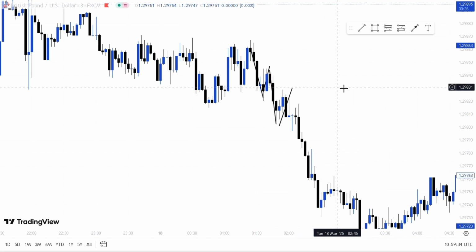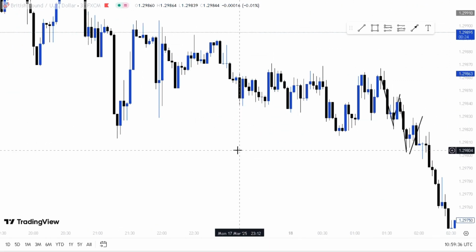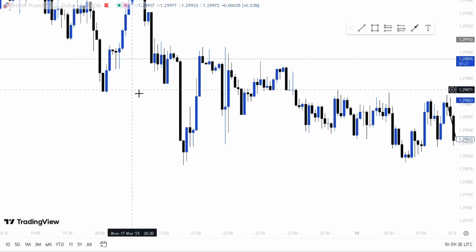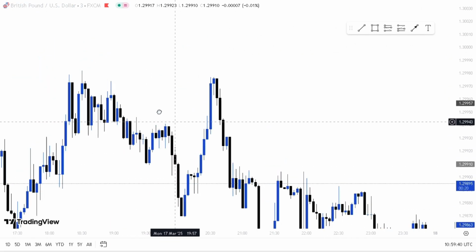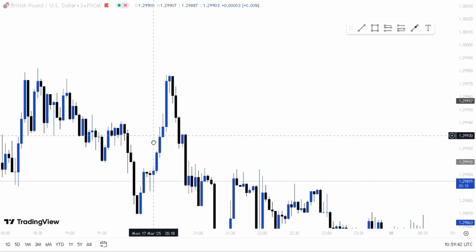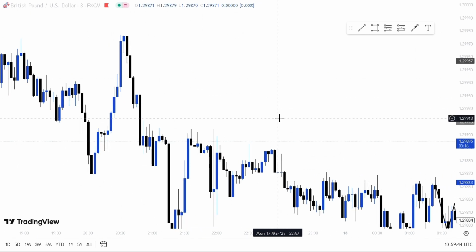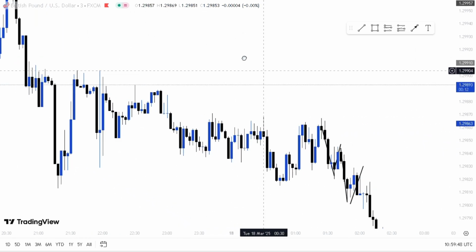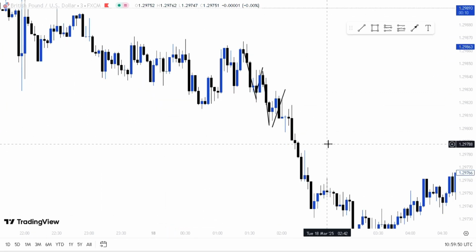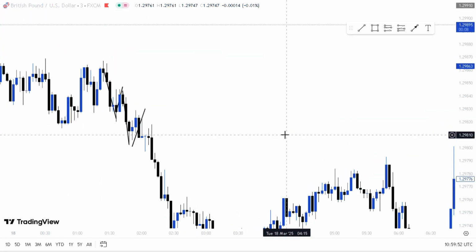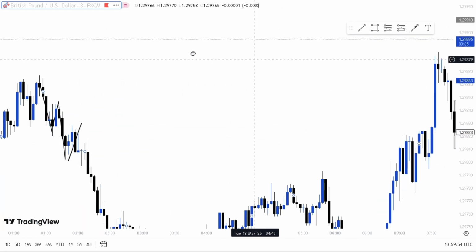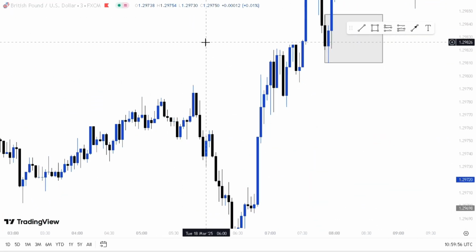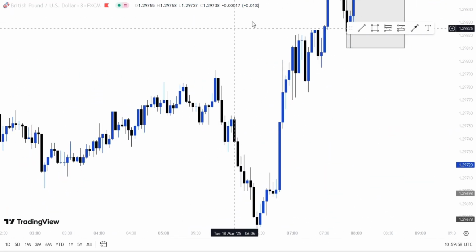goes up. Basically, this is something that constantly happens and is a key confluence in making me understand the direction of the market and what setups I should be looking for at the moment. Now let me show you what a market structure shift is.